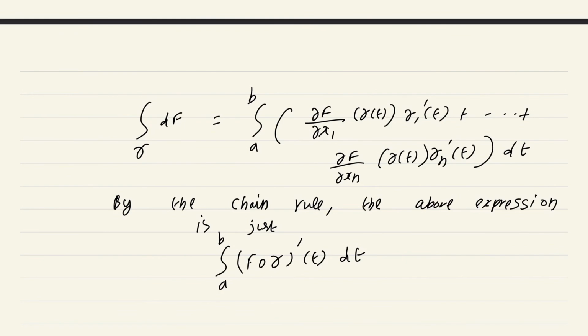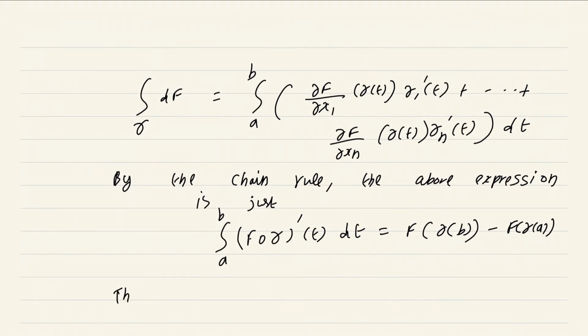So by the regular fundamental theorem of calculus in one variable, the classical one that you're familiar with for many years, this is just f of gamma of b minus f of gamma of a, as claimed. Now the proof of the vector field case is exactly the same, and I'm going to leave it to you.